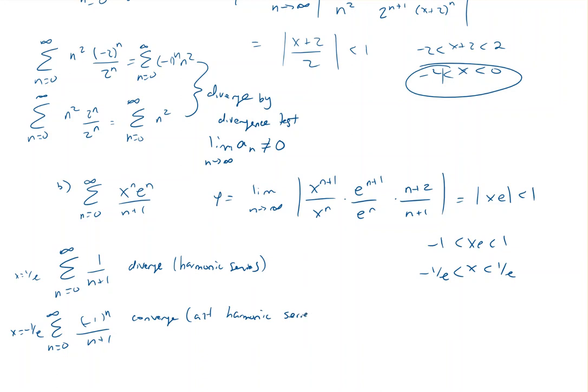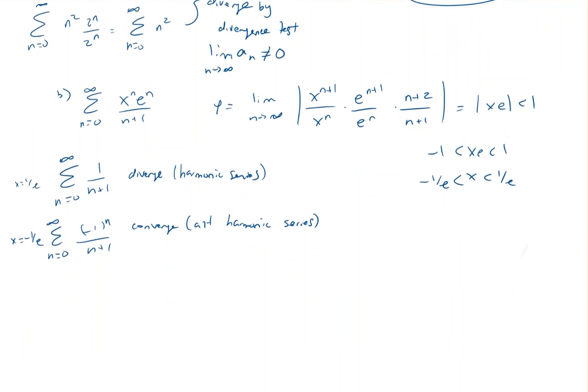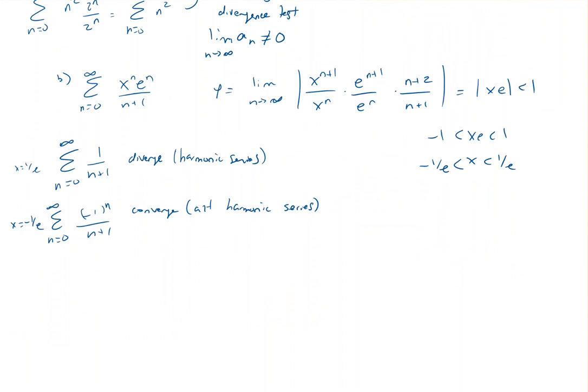We've talked about that before, right? As it's alternating, it's going from positive to negative every term. It is approaching 0 as n goes to infinity, and with each subsequent n, it's getting smaller and smaller. So it meets all three criteria to converge by the alternating series test. It converges conditionally because it's alternating.